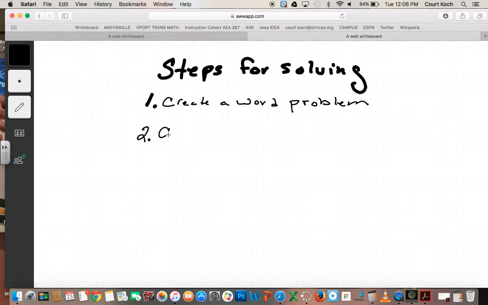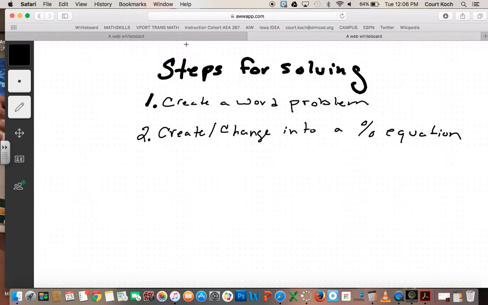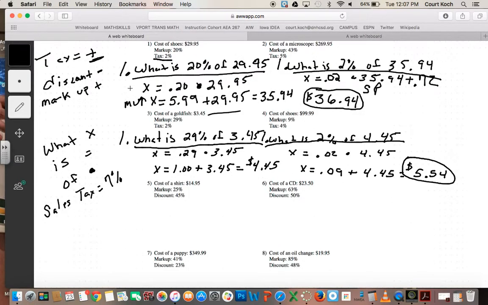Second step would be to change it into a percent equation. X equals 0.20 times 29.95. Here it is again, 0.02 times 35.94.